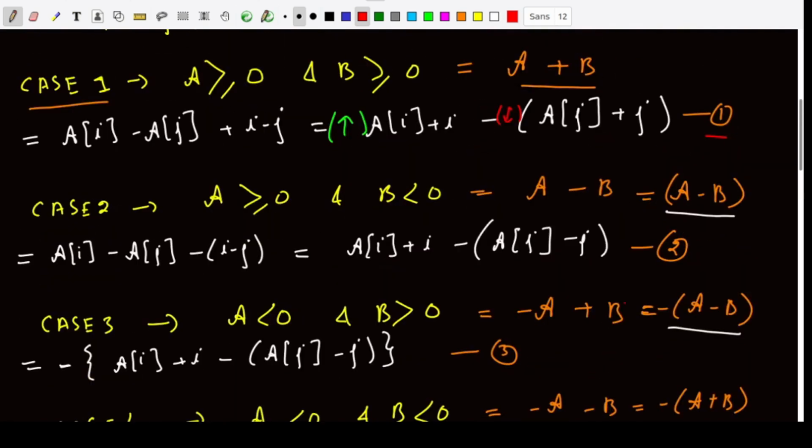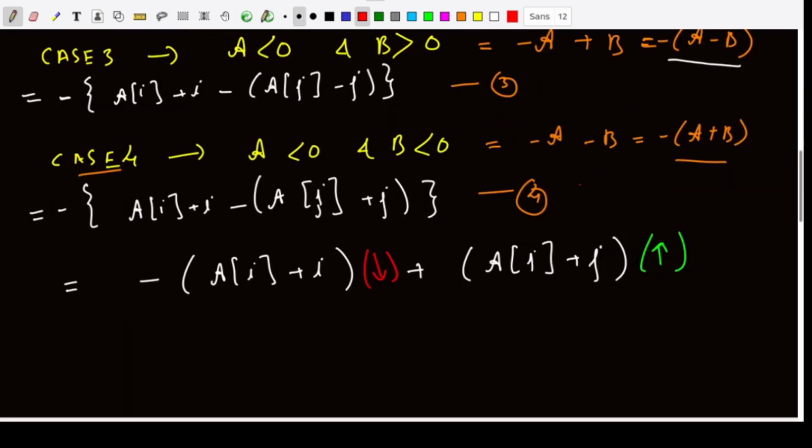Similarly, here we were minimizing aj plus j, and here we are minimizing ai plus I, right? So I and j are alternating, but eventually we are maximizing one term and minimizing the other term. Now let us forget about I and j for the matter, and see which term we are maximizing and which term we are minimizing.